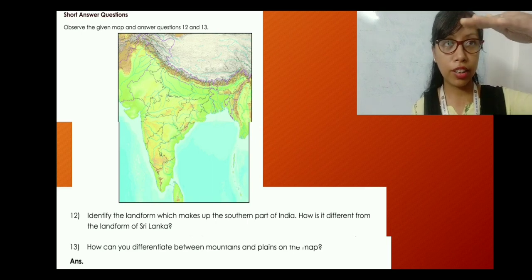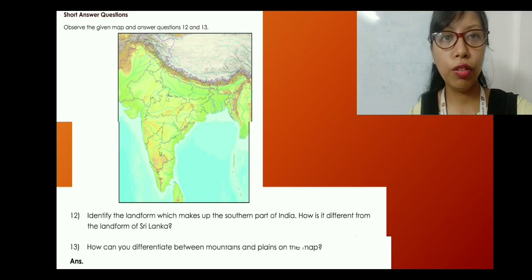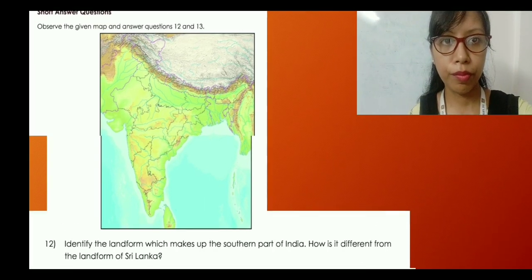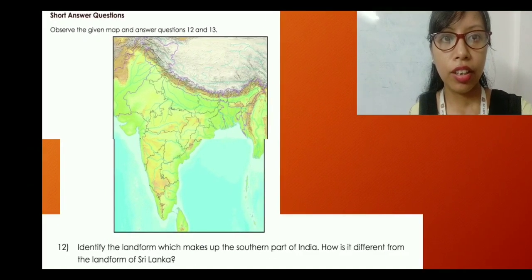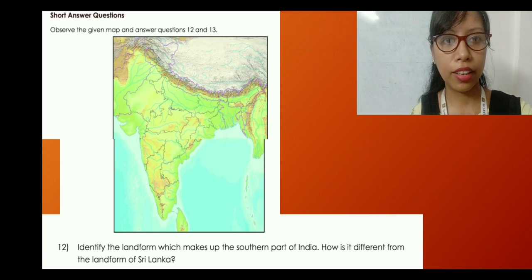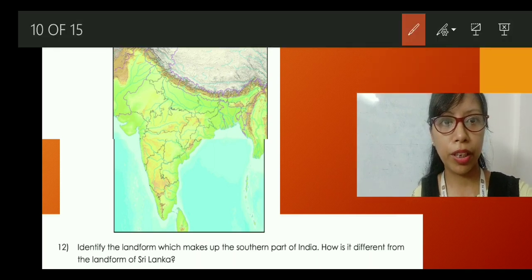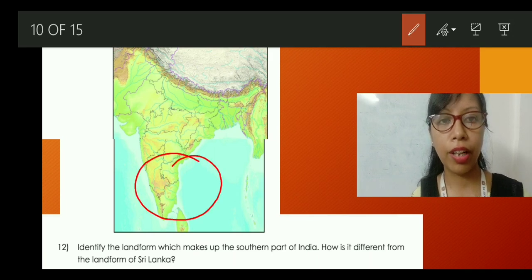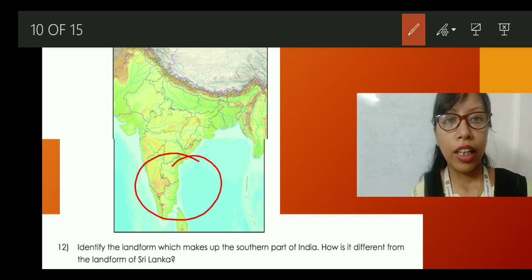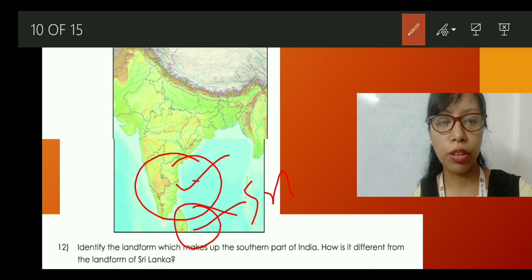Now we already know that this is the north and bottom is the south, right? So if you look here, this is the landform which makes up the southern part of India, right? And how is it different from Sri Lanka? This is Sri Lanka and this is the southern part. Clear?